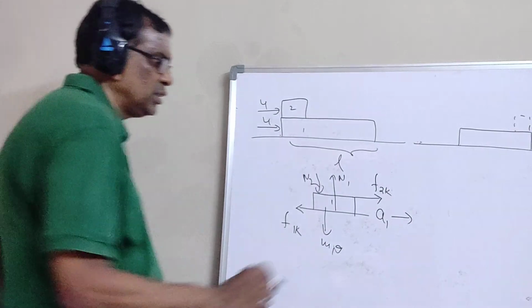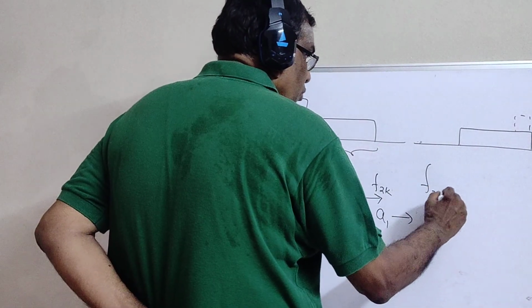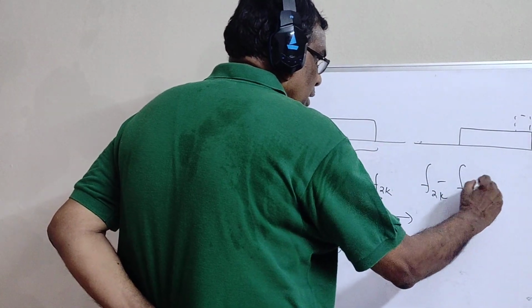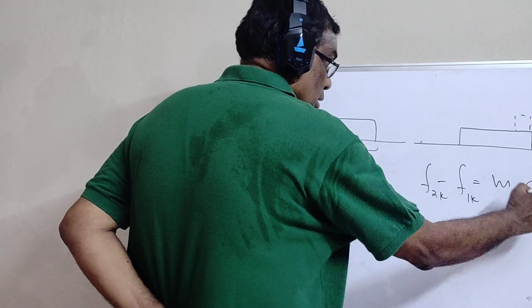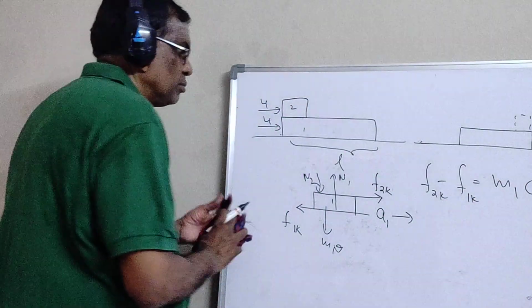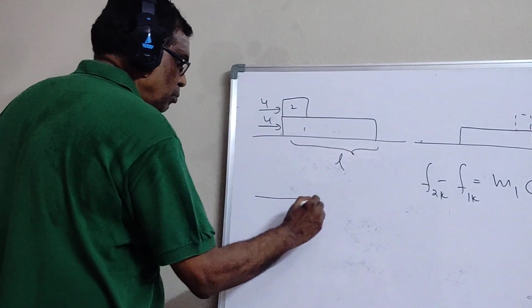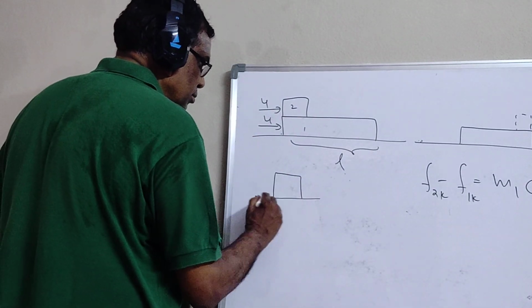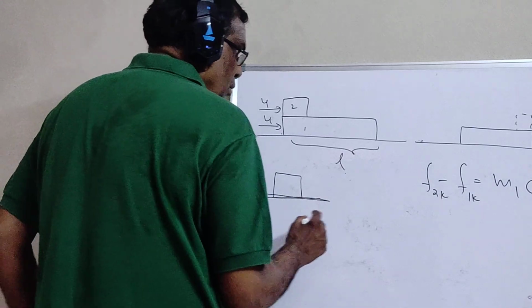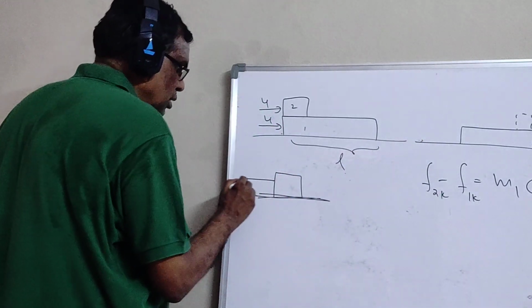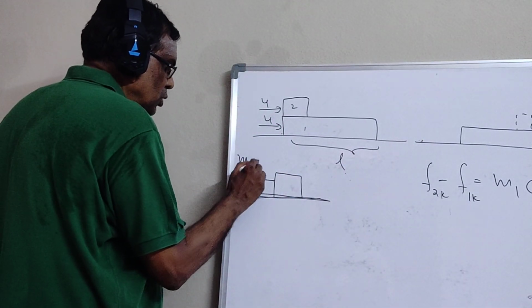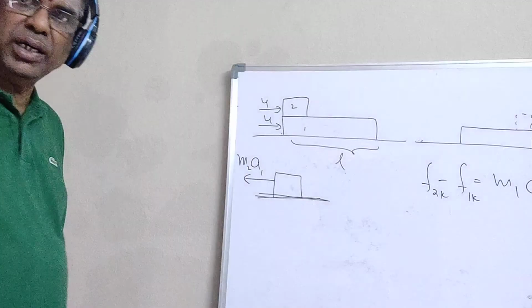How do you write the equation? F2K minus F1K is M1A1. Okay? Now what about the upper body? This is going with you. Therefore, pseudo force is M2A1.